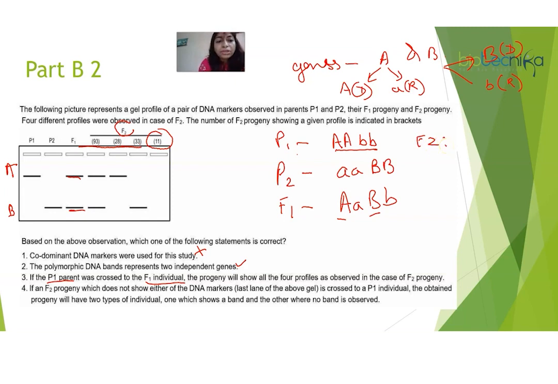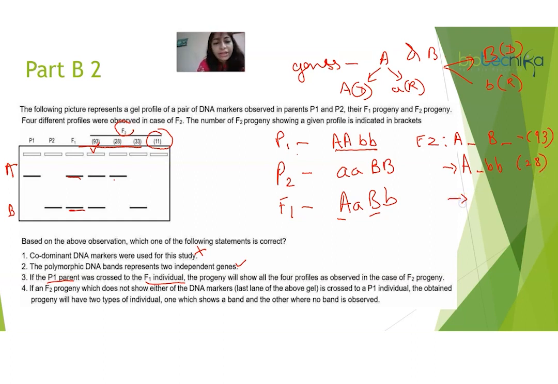In F2, the first column is the 9:16 ratio, meaning both dominant alleles are present: capital A dash, capital B dash. That is our 93. Next is only capital A present, so capital A dash, small b, small b. This is 28.